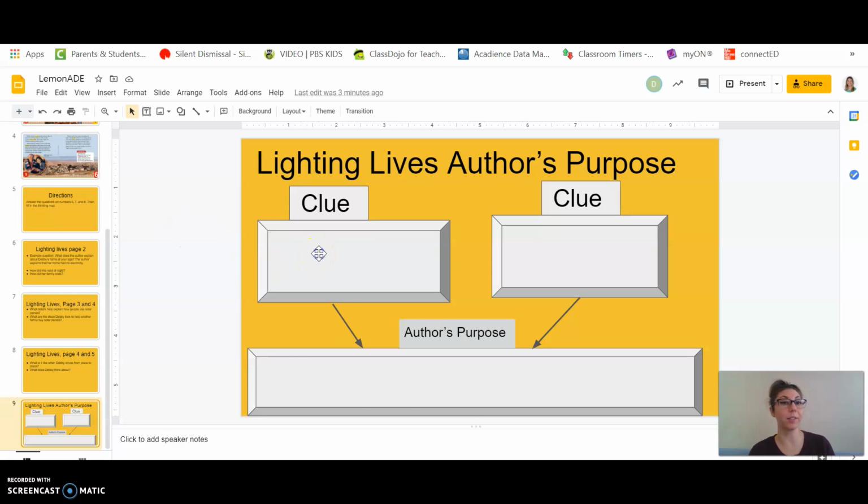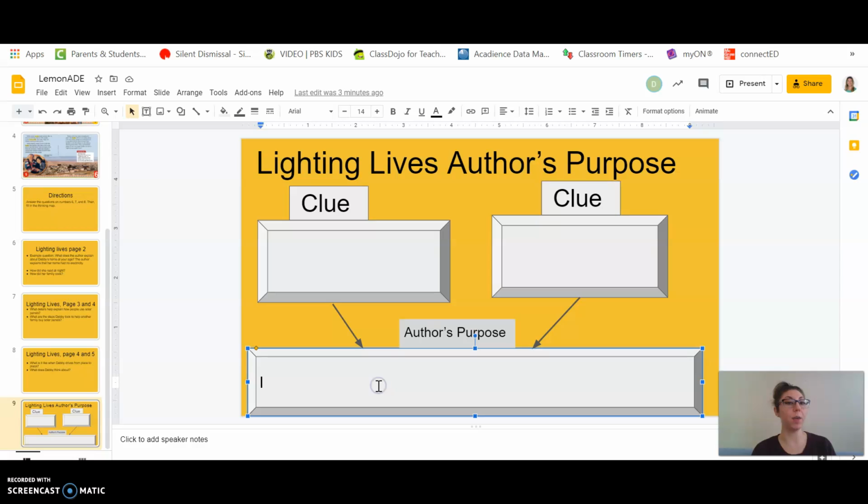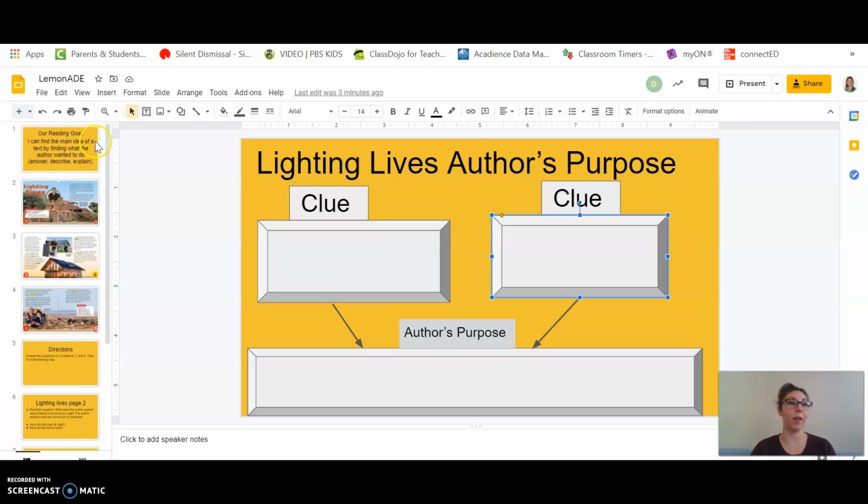In this box, you're going to figure out what did they want to do, and here you're going to type, did they explain, did they describe, or did they answer? And then you're going to type two clues, two things from the text that tell us, okay? You're typing two things from the text that give us clues for what the author's purpose is.